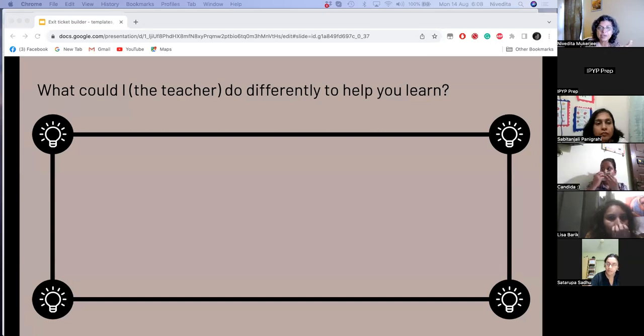Like language, do you prefer more group discussions or individual reading in your language class? Would you like additional writing prompts to practice your storytelling skills? Sciences, are there hands-on experiments or demonstrations you'd like to explore to better understand this principle? How can we integrate real-world applications of science into our lessons?